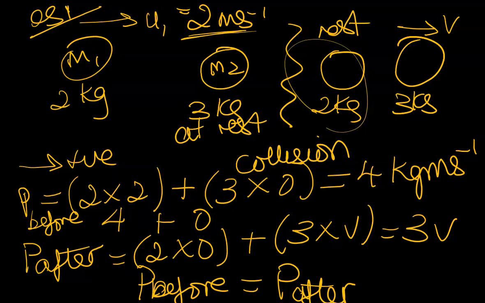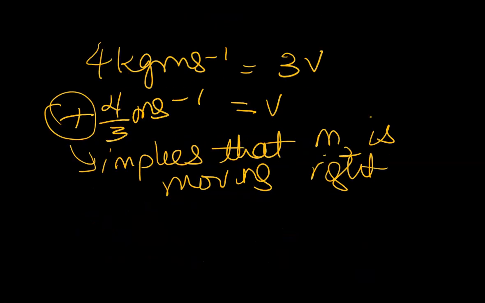And the negative answer would just imply that my body would have been moving to the left, because that is what a vector quantity encompasses. Direction is important. A convention of positive, right, will show your body is moving in one direction. A convention of negative is in the other.